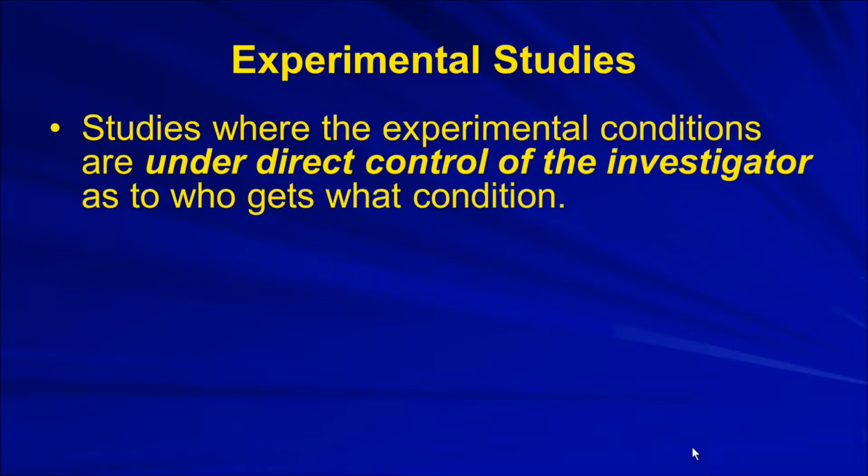You may only be able to randomly assign conditions, is what I'm saying, and not participants to conditions. So random assignment is not one of the distinguishing features of an experimental study. It is the investigator's control as to who is assigned to which condition.